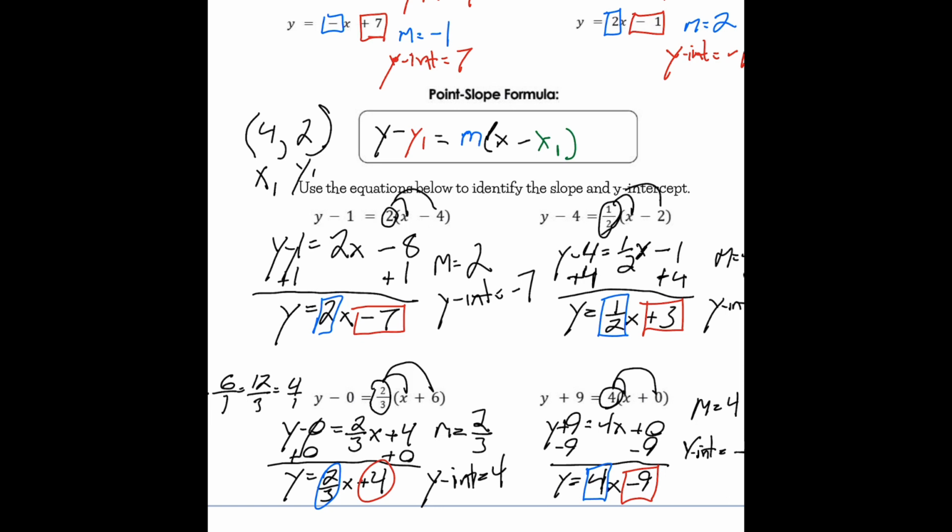If I were to plug this into the point slope formula, it would be y minus 2 equals m times x minus 4. And hopefully I would have enough other information if I was given a problem where I could actually find my slope, so I would be able to plug that in for m.